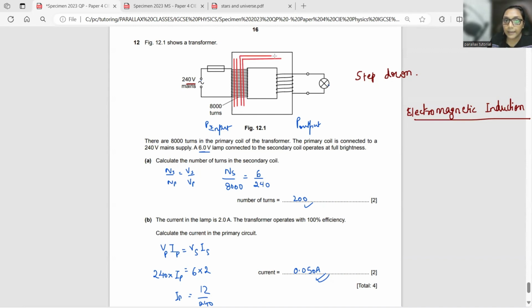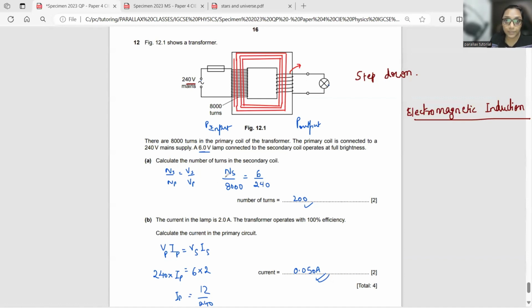Now, the rectangle which you see over here is basically a soft iron core. Its job is mainly to keep the magnetic field lines inside it and not outside, right? So all the magnetic field lines are now passing through the secondary coil, which is this.